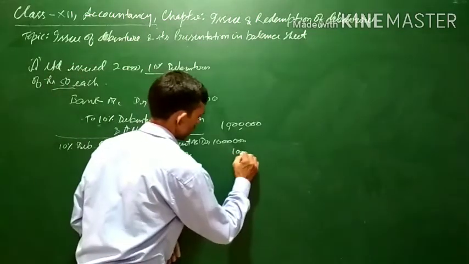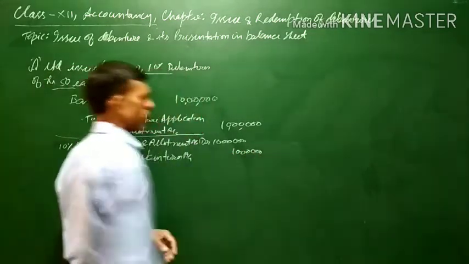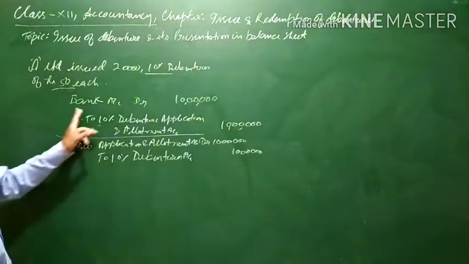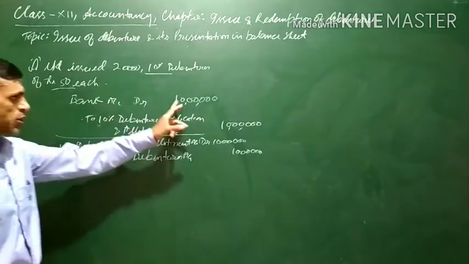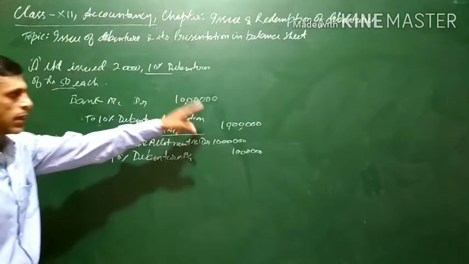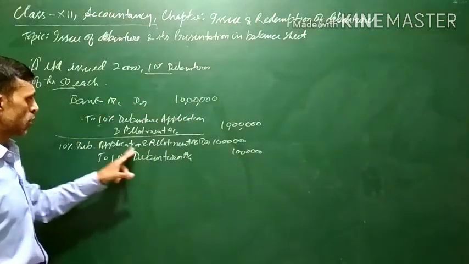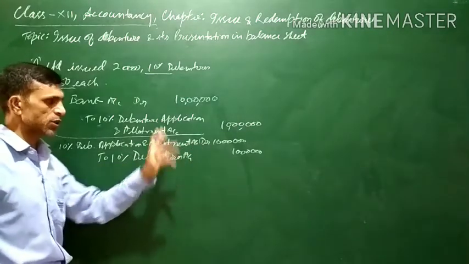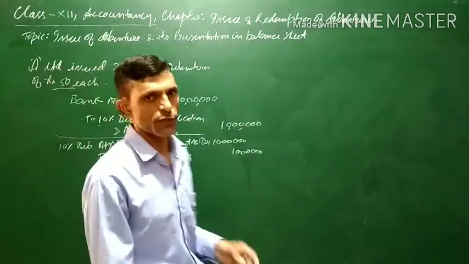I am writing in short. This will be the journal entry when debentures are issued: bank account debit to 10% debenture application and allotment account, 20,000 at the rate of rupees 50 each, which comes to 10 lakh, and this application and allotment money will be transferred to debenture account. These two journal entries only will be there.